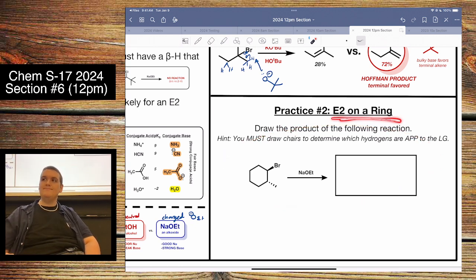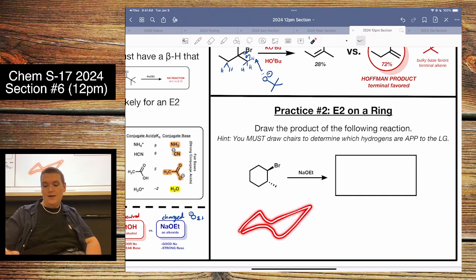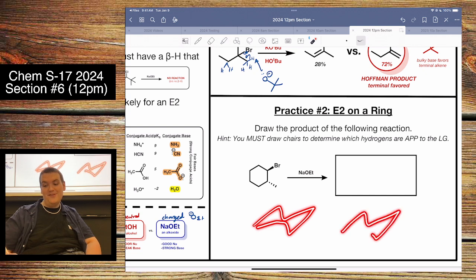Doing E2 on a ring. So when you do E2 on a ring, you must draw a chair structure to help rationalize what's happening with the reaction for yourself. Oh, that's a janky chair. I'm so sorry. We're gonna go with it for a minute.